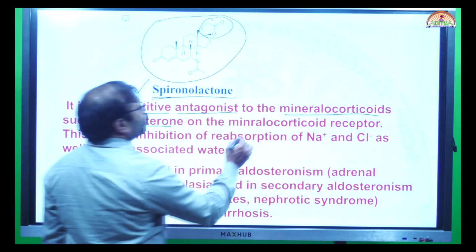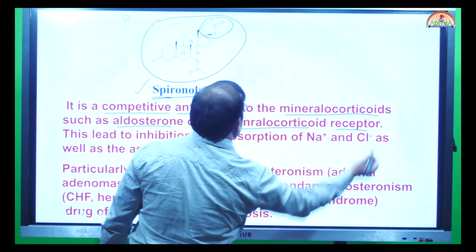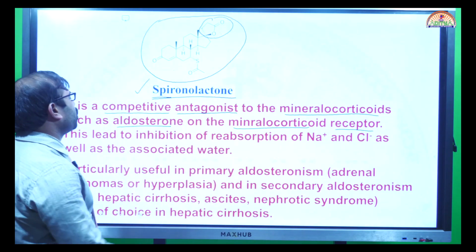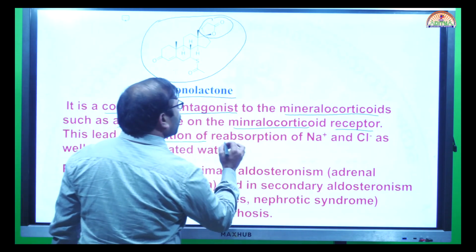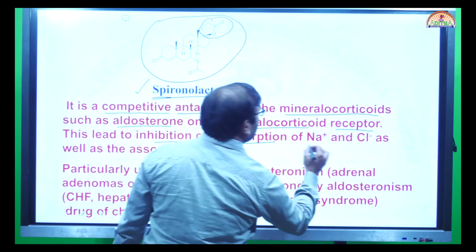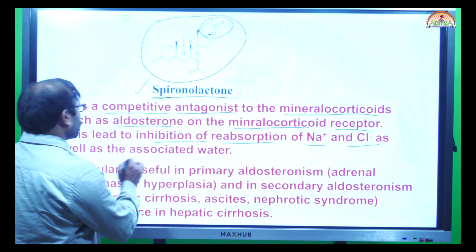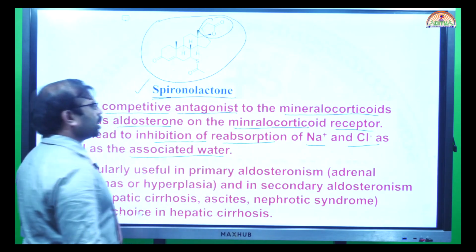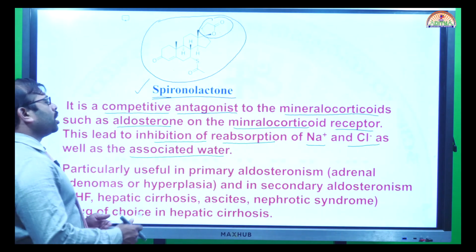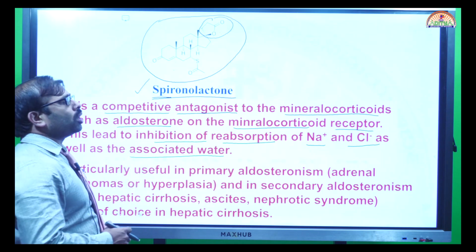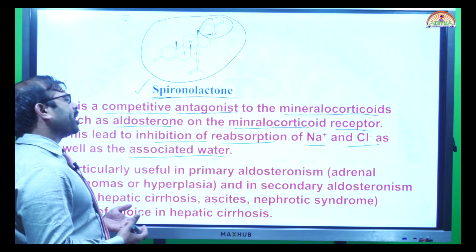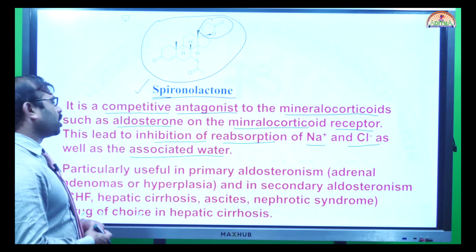So at the mineralocorticoid receptor, this leads to the inhibition of reabsorption of sodium and chloride ions, as well as the associated water.